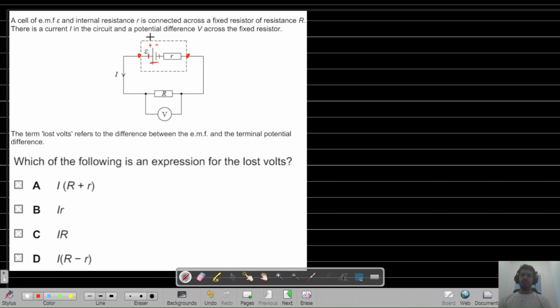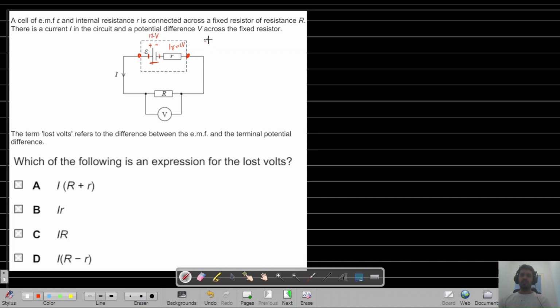So let's say the EMF of the battery is 12 volts, and out of these 12 volts, a small voltage is dropped across this internal resistance, which will be I times small r. Let's say this I times small r is 2 volts, right? So out of these 12 volts, 2 volts are dropped across this internal resistance. That means that the voltage that you will get at the terminal will be less than 12 volts, which is the EMF of the cell, right?